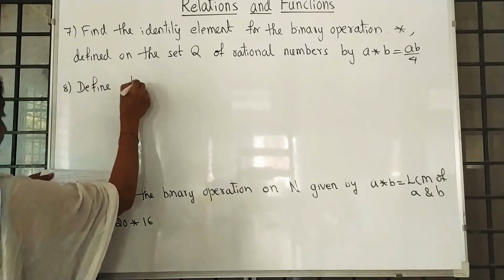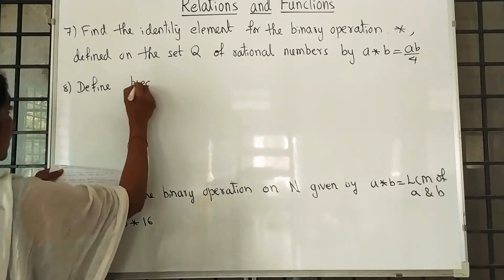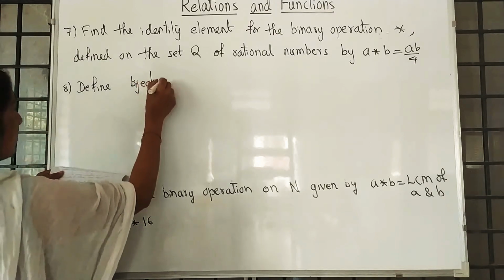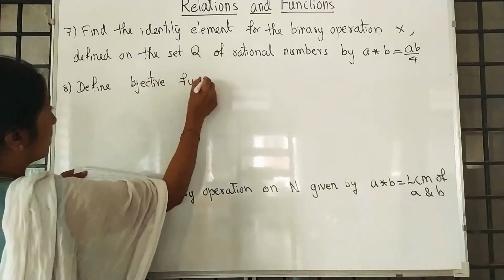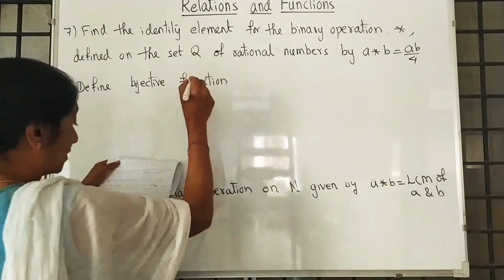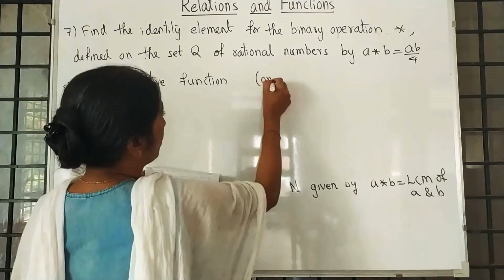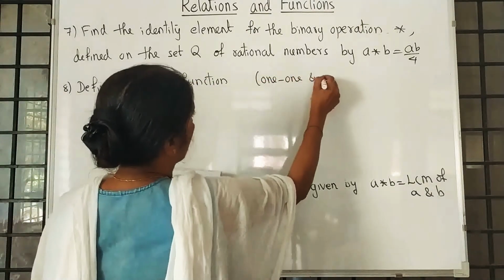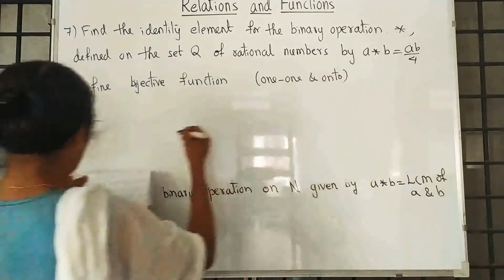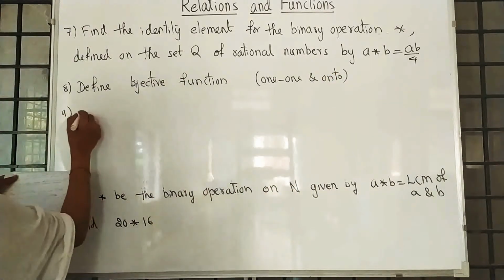Next, 8th one. Define bijective function. Bijective function is nothing but both one-one and onto. It is a one-one and onto function. 9th one.